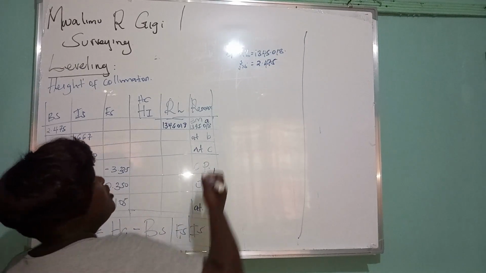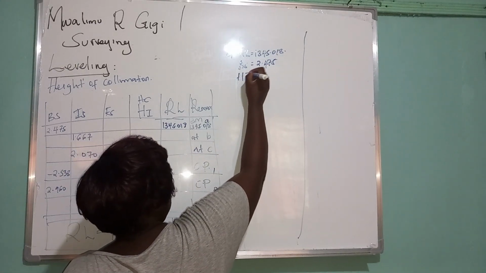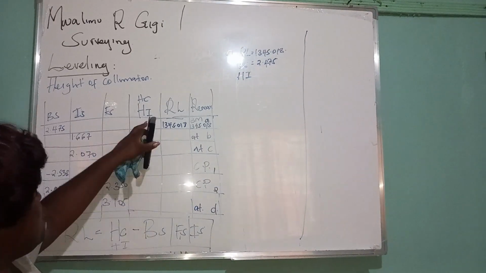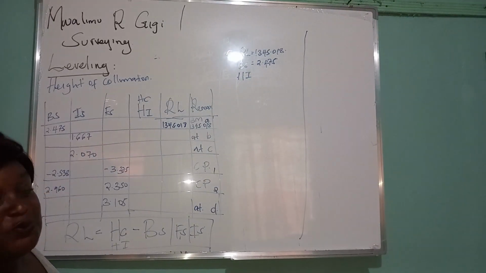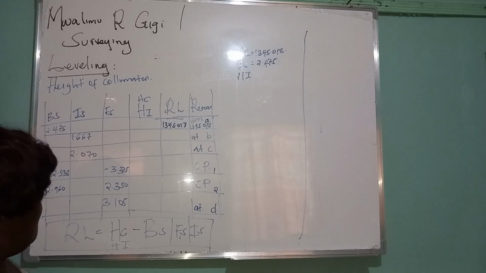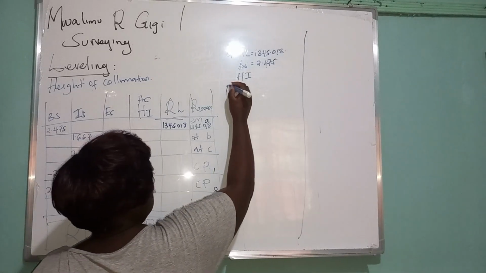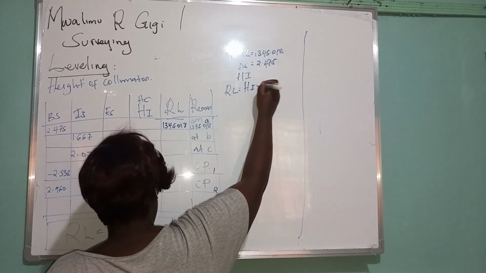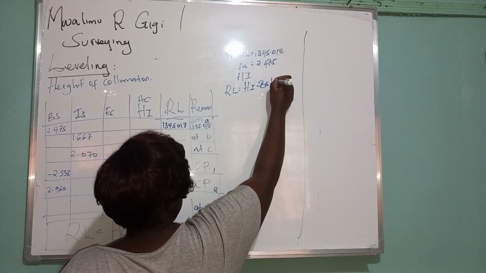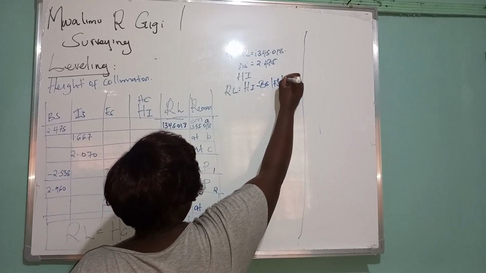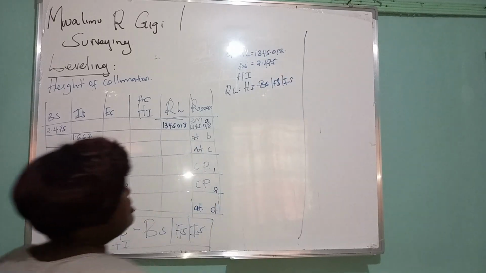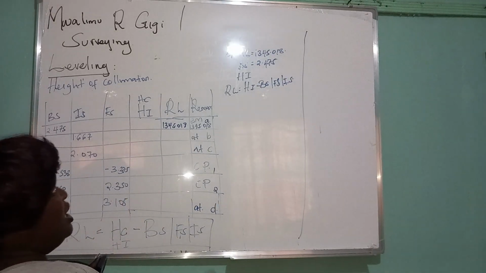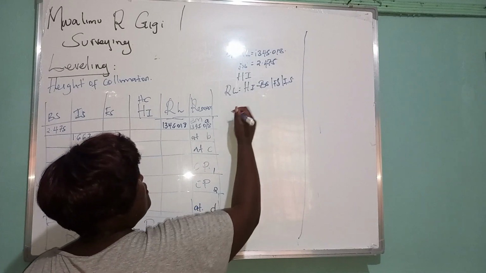We don't have the height of instrument, so we want to find the height of instrument. From the formula, the reduced level is equal to the height of instrument minus backside, foresight, or intermediate side. In our case, we want to find the height of collimation.